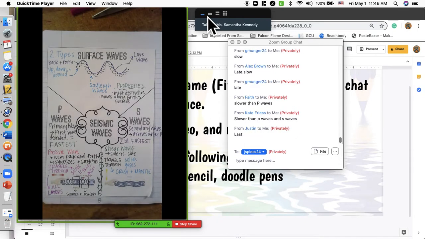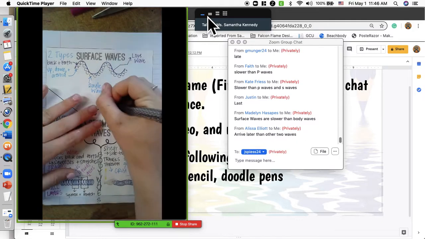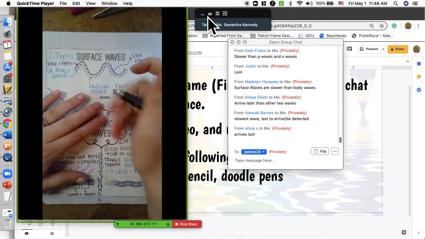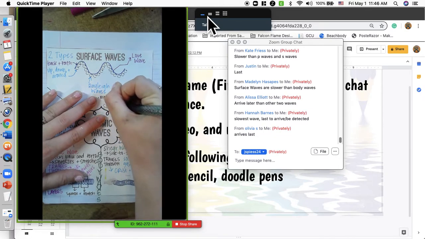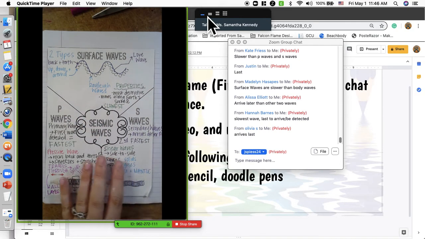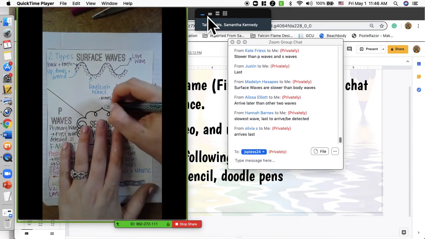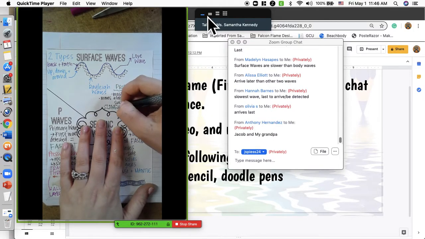Very good. So these are going to be the slowest waves. Slowest. That looks weird, like it's not a real word. Beautiful.